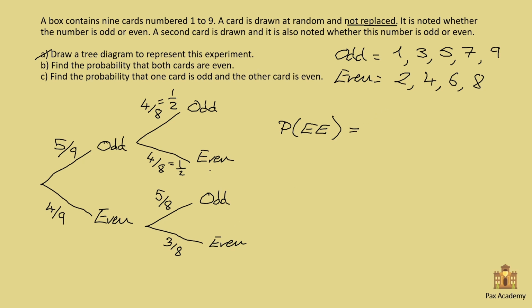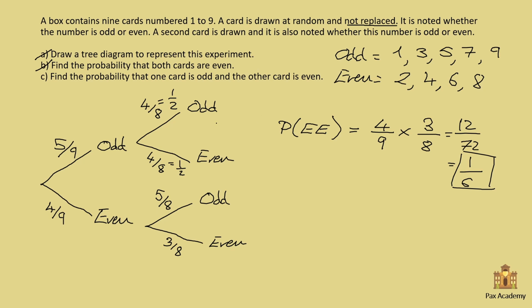Therefore, we need to do the probability of getting an even card first. So 4 out of 9. Times the probability of getting an even card again. So 3 out of 8. Okay? And this would give us 12 out of 72. 12 over 72. And if you simplify fully, you should get 1 over 6. Excellent.